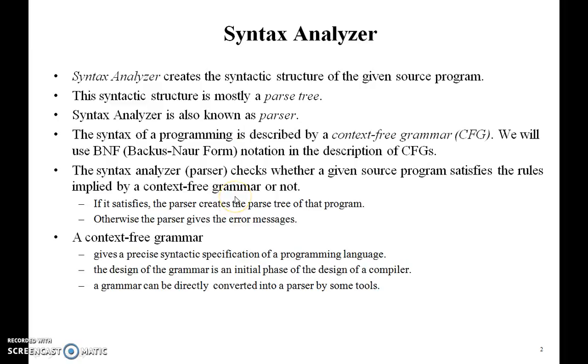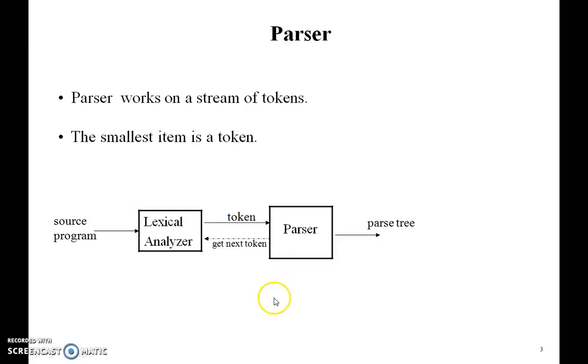So the syntax analyzer plays a major role inside the compiler in identifying syntax errors. Context-free grammar is one of the tools that helps the syntax analyzer identify the syntax specification of programming languages and also design the grammar.